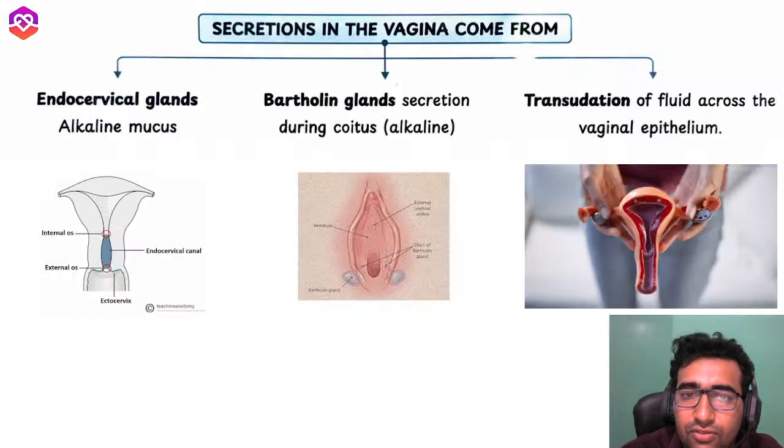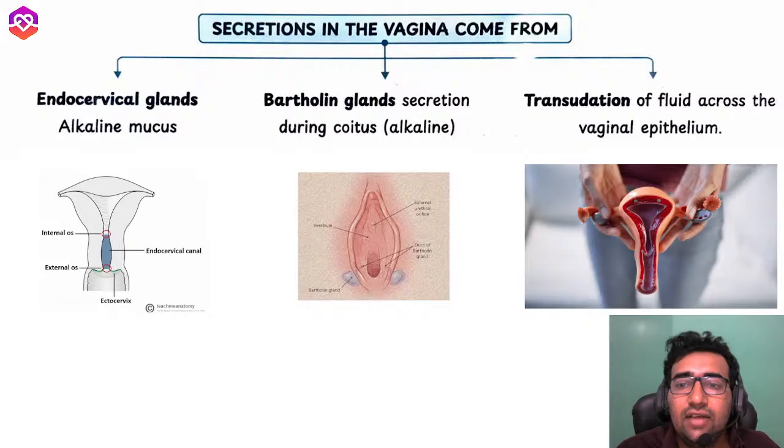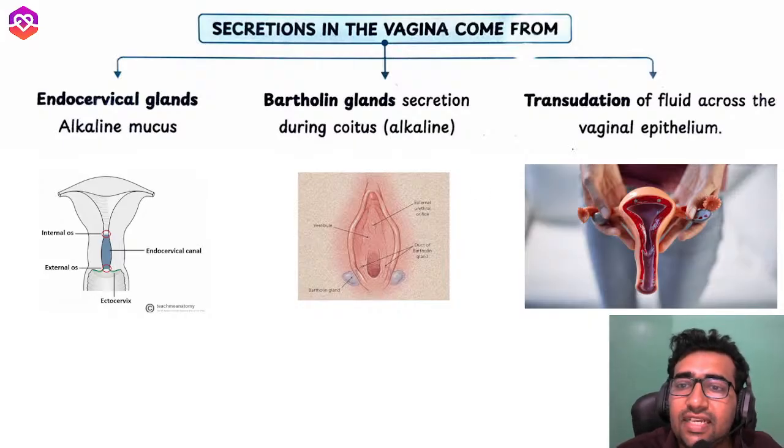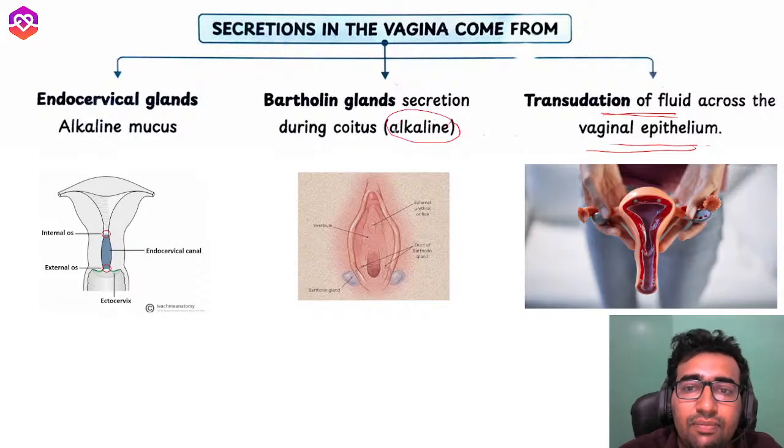Okay, now you understood. Now I want to discuss the secretions of the vagina. I told you about the glycogen secretion. Just like that, this kind of secretion comes from the vaginal epithelium. More than that, some alkaline secretions are also there, but these will be minor compared with the acidic environment.